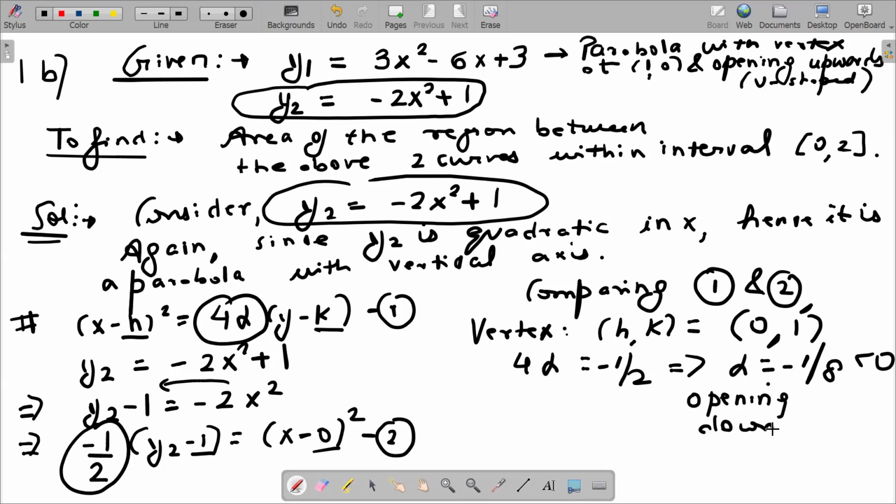It's opening downwards. So I can write here that this is the parabola with vertex at 0, 1 and opening downwards.